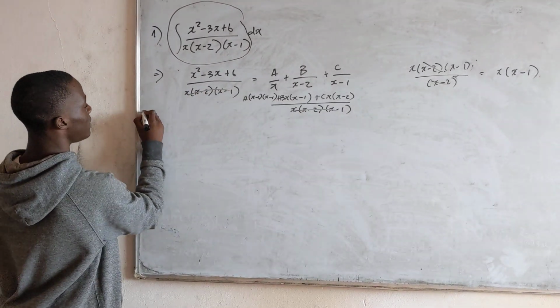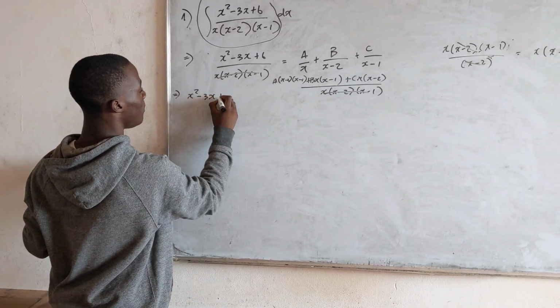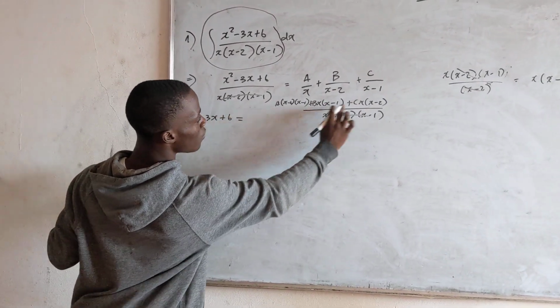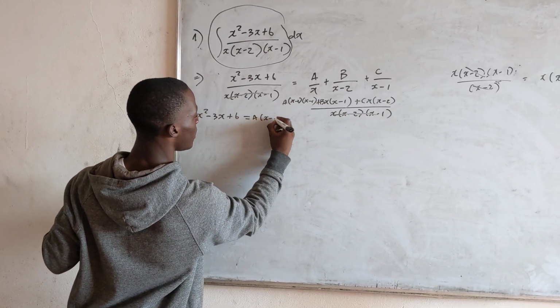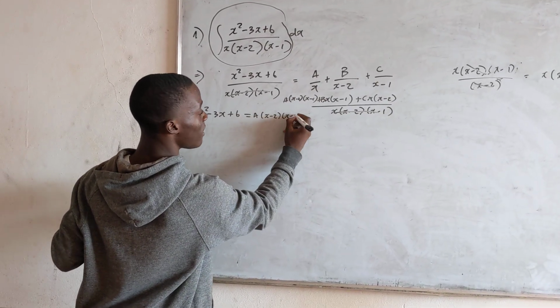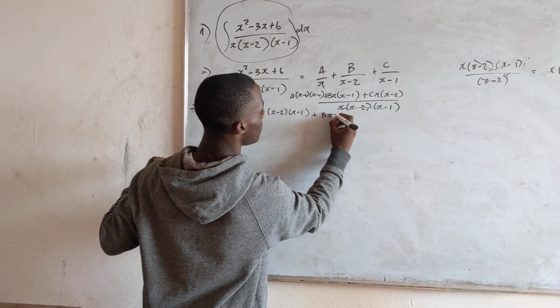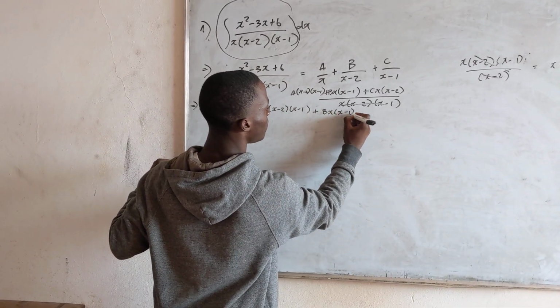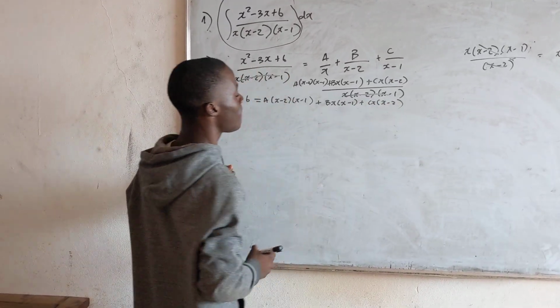We are going to be left with x squared minus 3x plus 6 equals this part, a into (x minus 2) into (x minus 1) plus bx into (x minus 1) plus cx into (x minus 2).